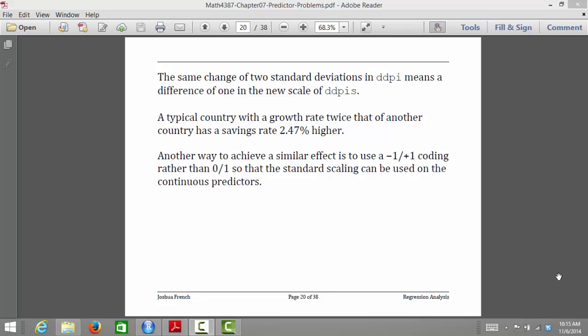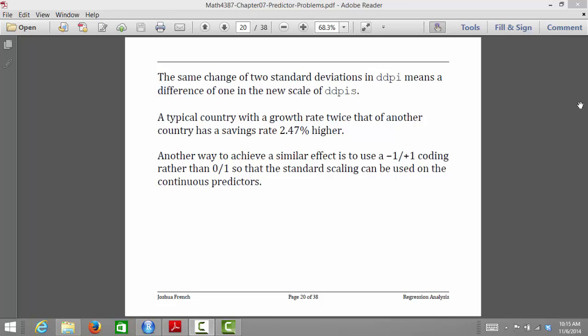If we compare our original scaled model, where we subtracted the mean and divided by 1 standard deviation, to the model that we just did, where we divided by 2 standard deviations, then a change of 2 standard deviations in DDPI is equal to a difference of 1 in the new scale of DDPIS. As you can see, the interpretation is already getting a little bit more complicated.